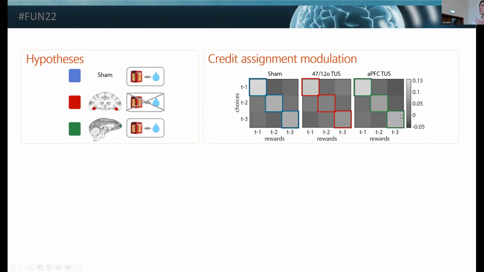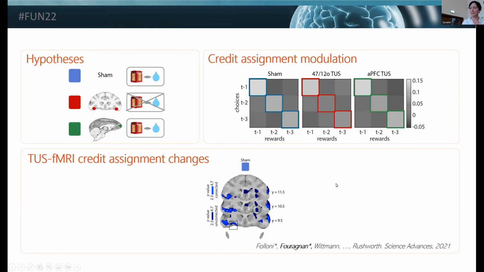This was not any different from the sham session after the frontal pole was neuromodulated. So we looked at the associated BOLD response to this parametric representation of rewarded choice, and this is what we found. That was also aligned with a lot of literature that, yes, if you're looking at win-stay shift behavior or reward history and how that guides your current decision, you will find the LOFC activated.